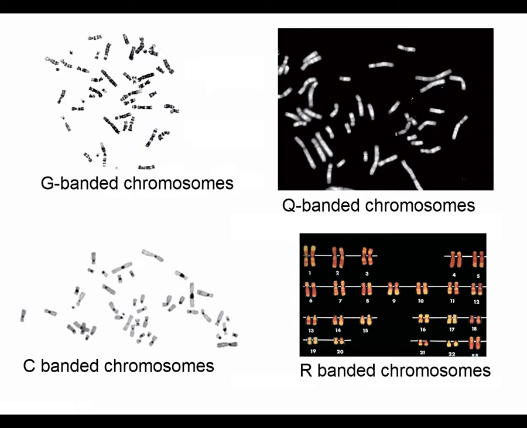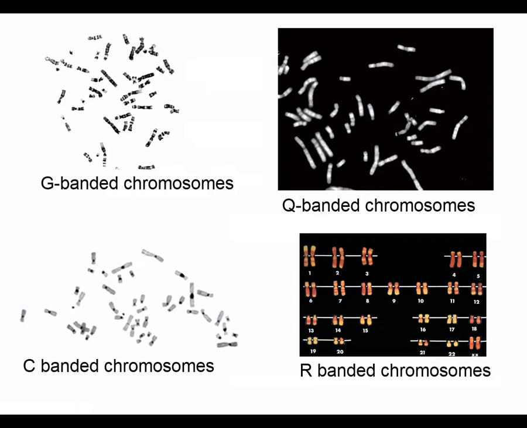For example, we call them metacentric if the centromere is positioned in the middle of the chromosome. Submetacentric is where the centromere is slightly displaced to one side so that you have a short arm and a long arm that are identifiable in that way.